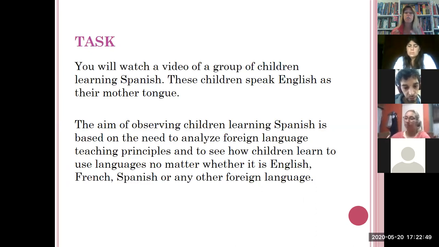The aim of observing these children is based on the need to analyze foreign language teaching principles and to see how children learn to use languages, no matter whether it is English or French or Spanish or any other language, right? Generally, the didactics and the pedagogy for learning a second language is pretty much the same. The approach is the same, okay?